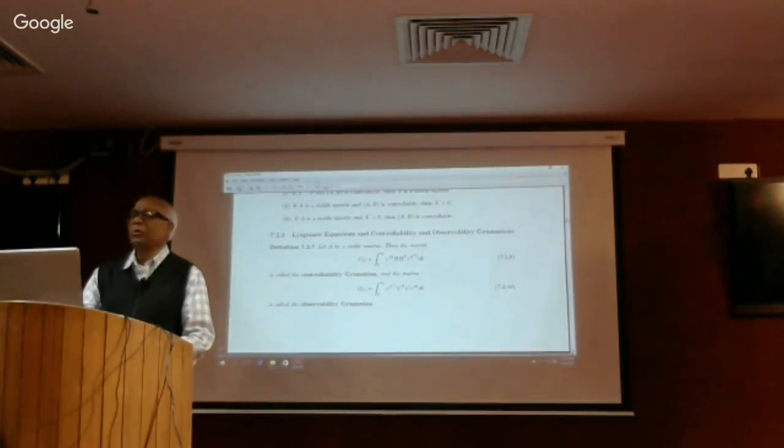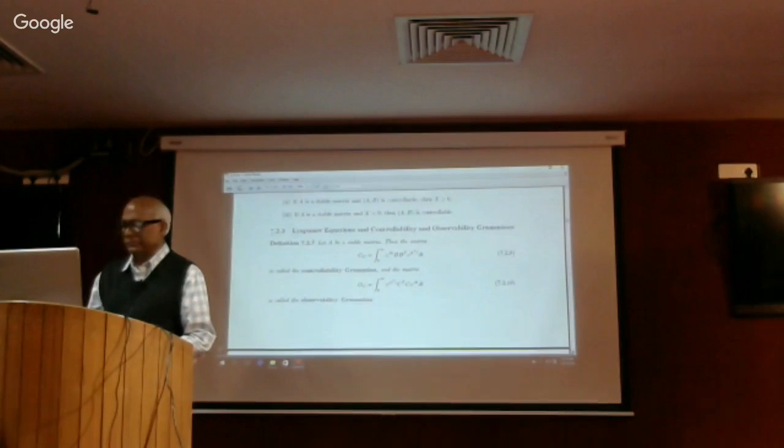Now, how do you compute these two Gramians? Because if you have to compute them from the definition, you have to compute the exponential of the matrix A, and then you have to take the integral. It can be done, but it's a very involved process.